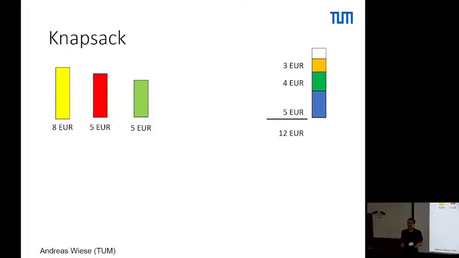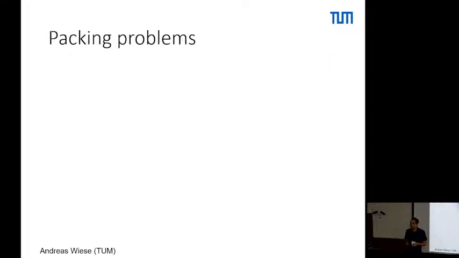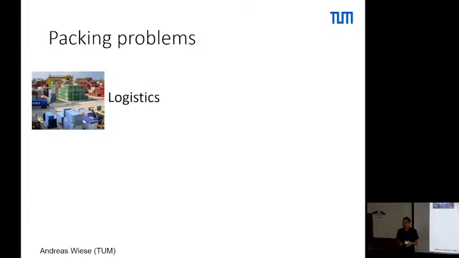So how can we solve this Knapsack problem? It's a packing problem. And packing problems actually arise in many different settings, not just when you pack your suitcase. They appear in logistics, for example, when you pack cargo on a ship, like containers on a ship, or cargo into a truck.